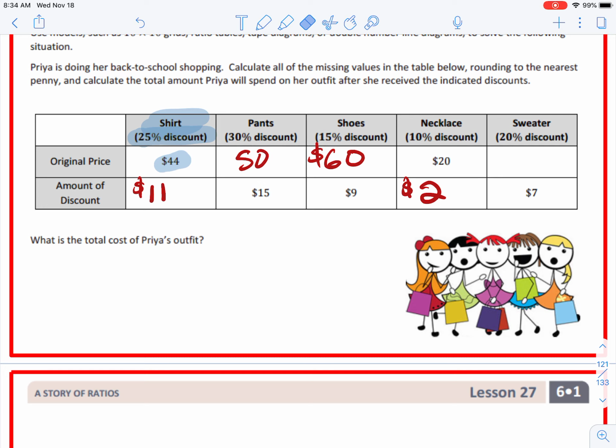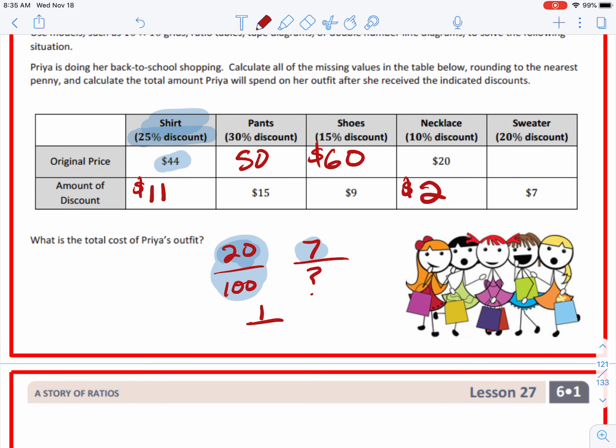Okay, I have 20% as a fraction for the sweater, and that 20% amounted in a $7 discount. I'm trying to figure this out. Well, I know that 20 and 7 can't compare, so I need to reduce this fraction to the smallest number to be able to compare to 7, and that's going to be dividing by 20.